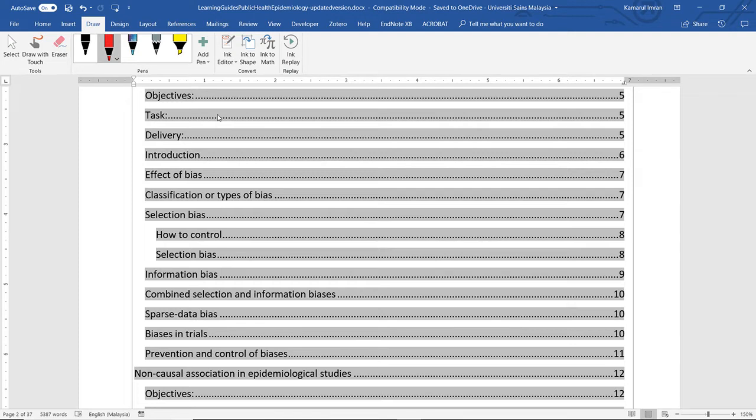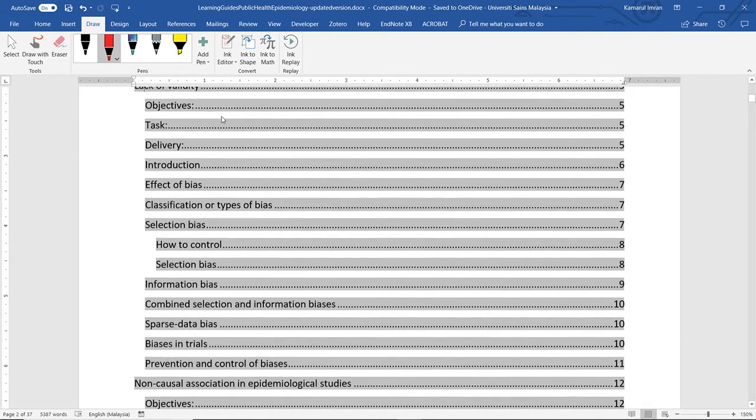But we do have situations where selection bias and information bias happen together, so we can call this situation combined selection and information biases. Then sparse data bias, biases in clinical trials, and prevention and control of biases.